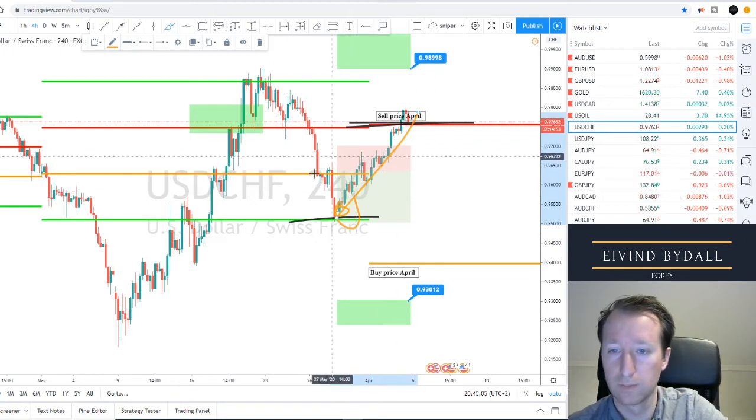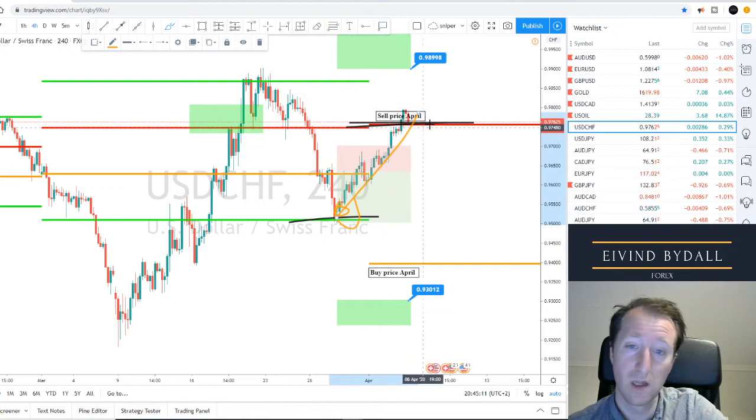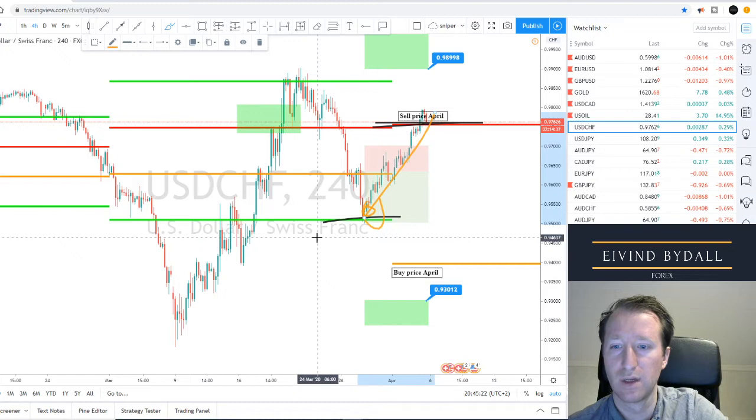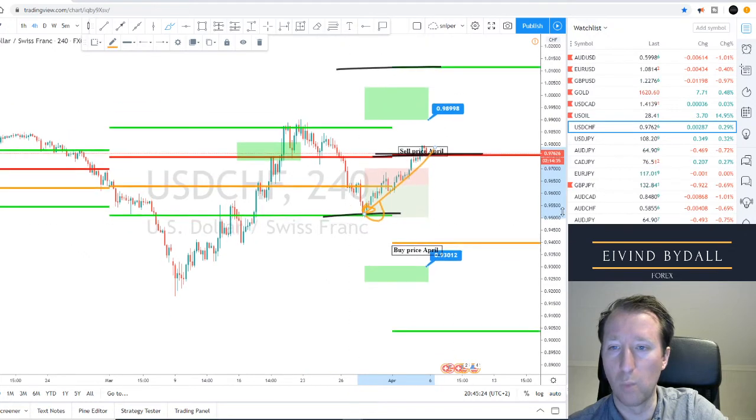USD is going lower, and it went above the sell price for the month. Fine. Can it still go lower? It definitely can. But is the monthly going to be played? I don't know, because they're so wide and big.